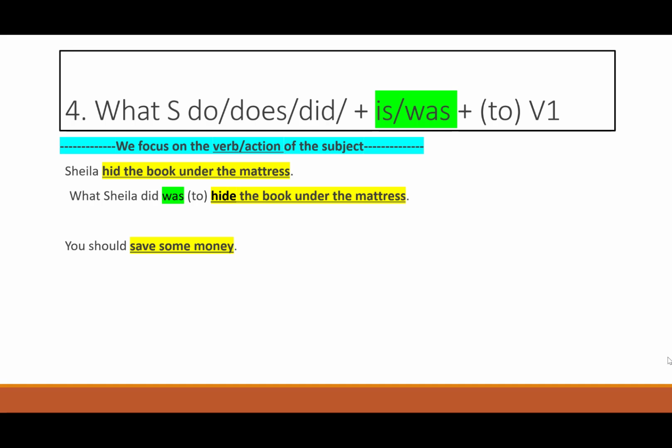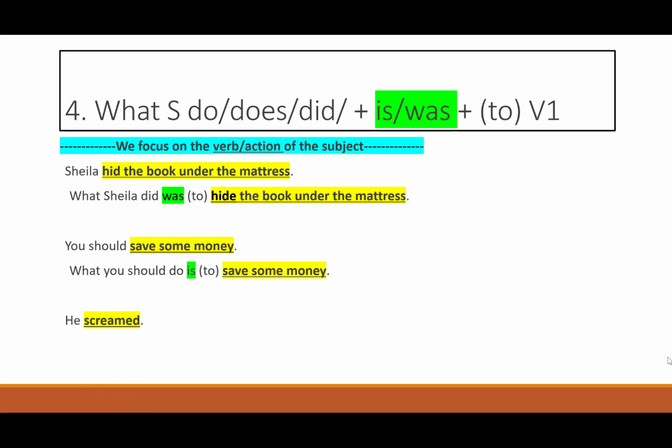Therefore, we have to change the verb into this. What you should do is to save some money, or save some money. So guys, you have to check the verb of the sentence to know what to do with the verb do or does or did.